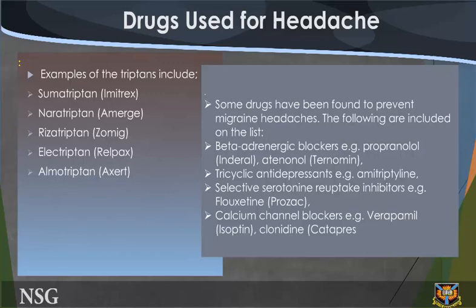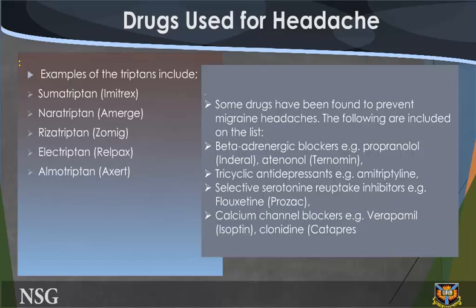Some drugs have been found to prevent migraine headaches. The following are included on the list. Beta-adrenergic blockers, e.g., propranolol, Inderal, atenolol, Tenormin. Tricyclic antidepressants, e.g., amitriptyline.